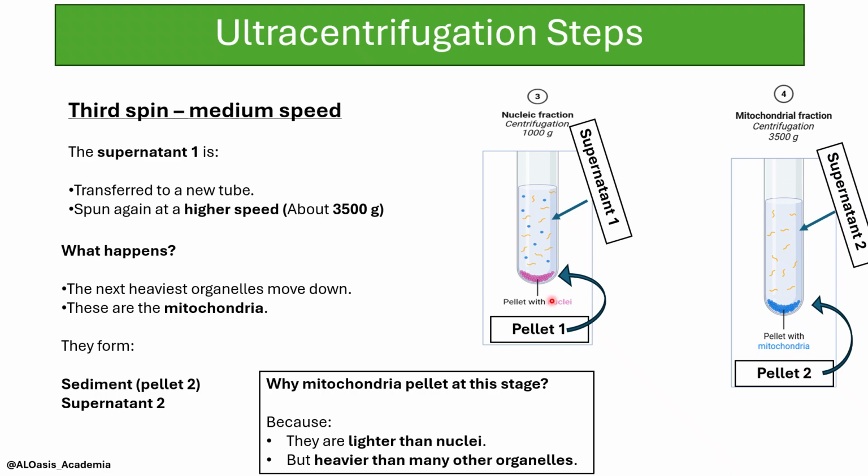That's why they do not form the pellet in the second spin at 1000 G. However, they form the pellet at the third spin, at 3500 G, because they are still heavier than other organelles. So what we have in supernatant 2 is the organelles that are lighter than the mitochondria, and the mitochondria are pelleted here, and then we can take the mitochondria and do some experiments to study their structure and function.